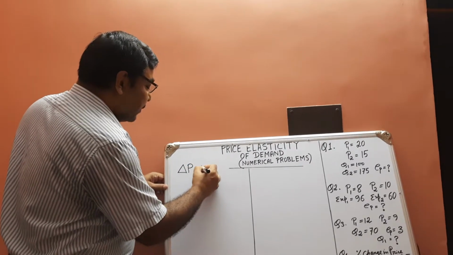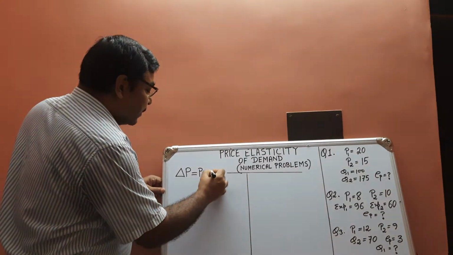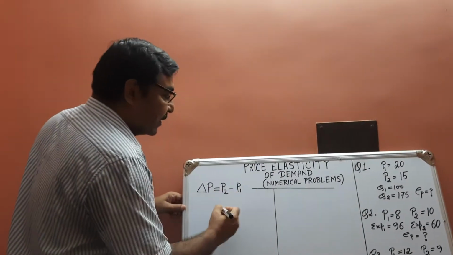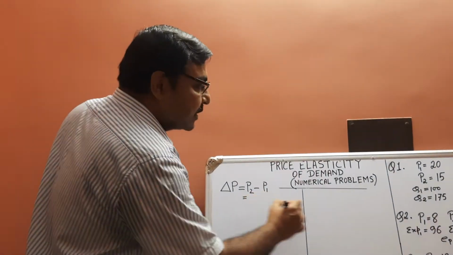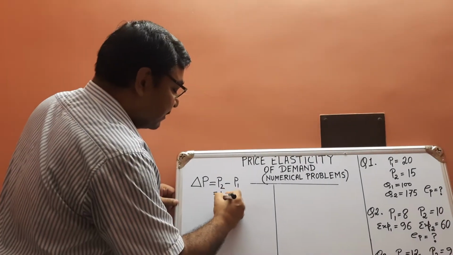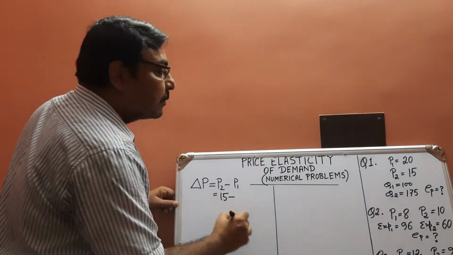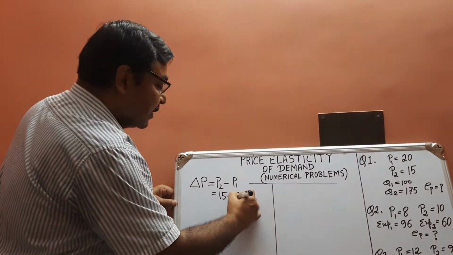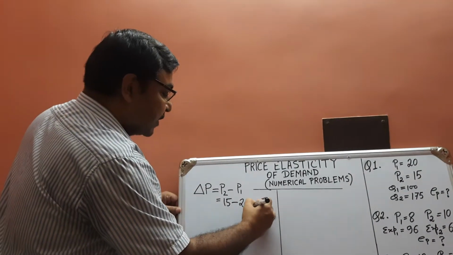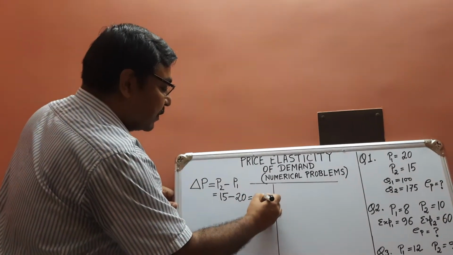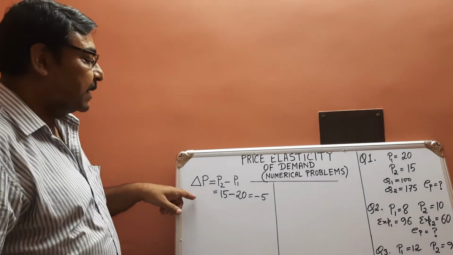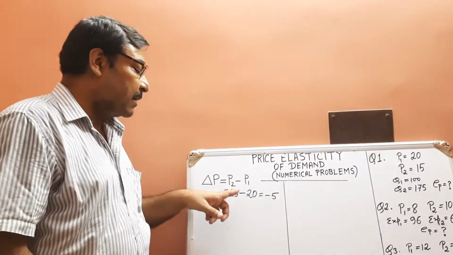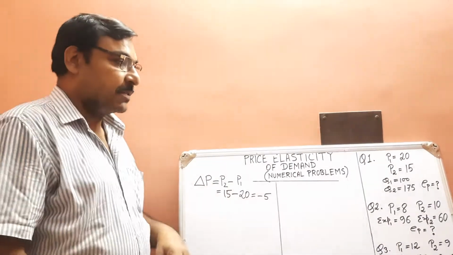Delta P is equal to, we know, P2 minus P1. P2 is given 15 and P1 is given 20. So this is equal to minus 5. Delta P is equal to P2 minus P1, 15 minus 20, minus 5.